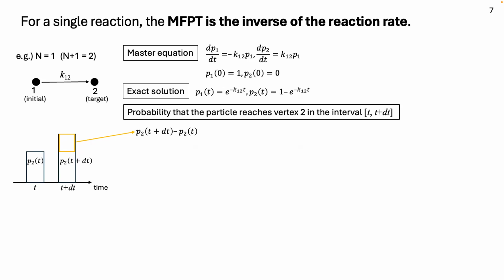And P is a probability density, so P2 must be 1 minus P1. So this probability is related to P1 of t minus P1 of t plus dt.